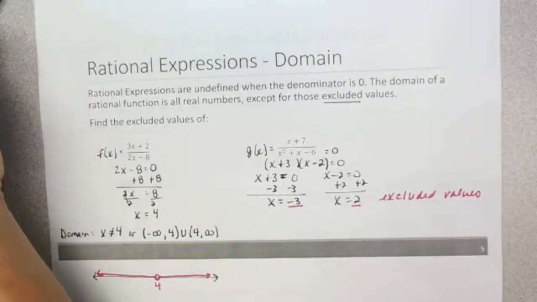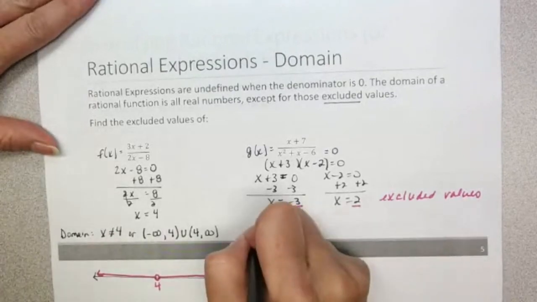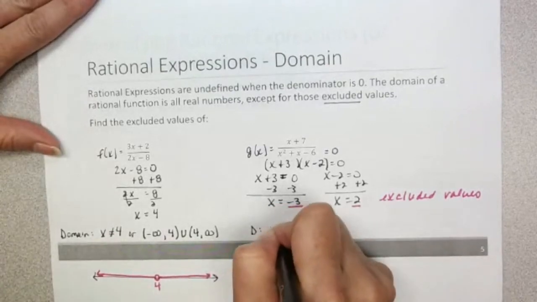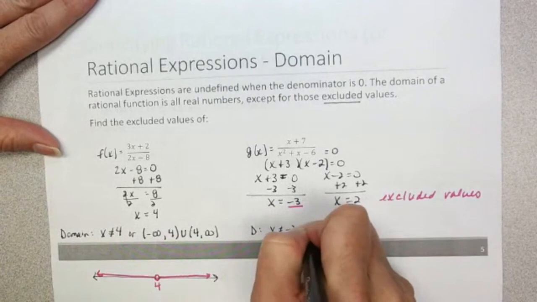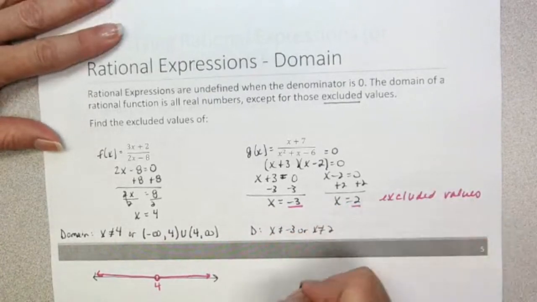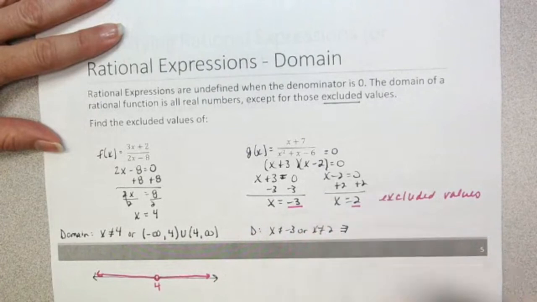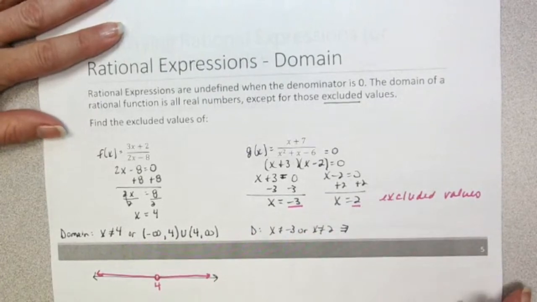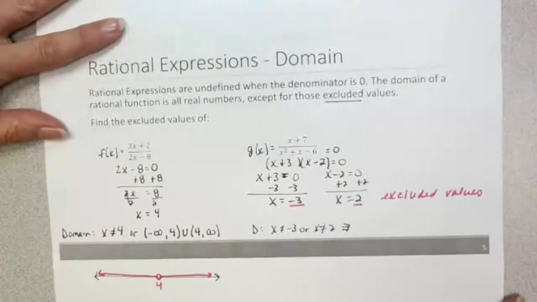When I specify that domain, I'm going to say x cannot equal negative 3 or x cannot equal 2. But in interval notation, this is how we commonly specify the domain of a function.